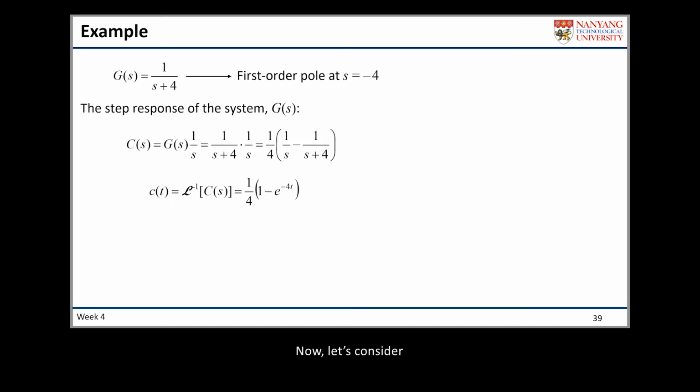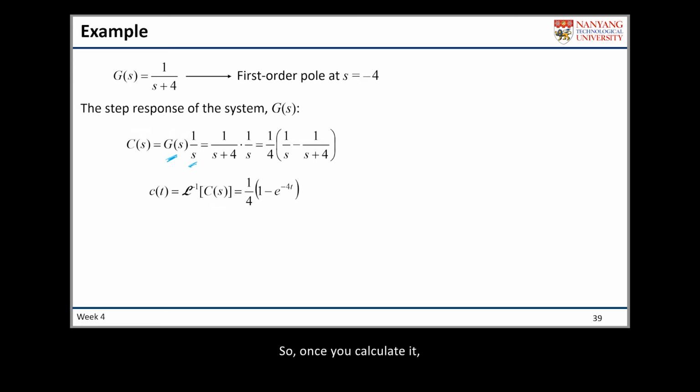Now let's consider that we give the system a unit step input. So the input is a unit step, which means the input in Laplace domain is equal to 1/s. When you want to evaluate the response, the response is always equal to the transfer function times the input. So you multiply the transfer function with the input 1/s, which is again the unit step signal in Laplace domain.